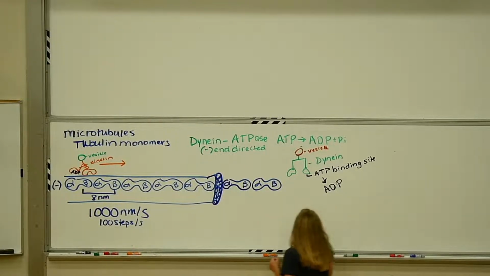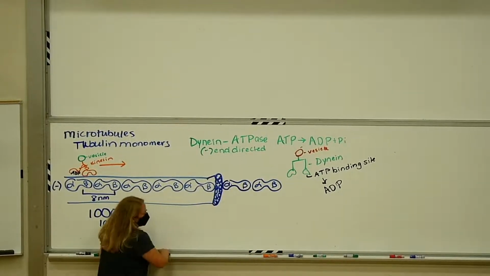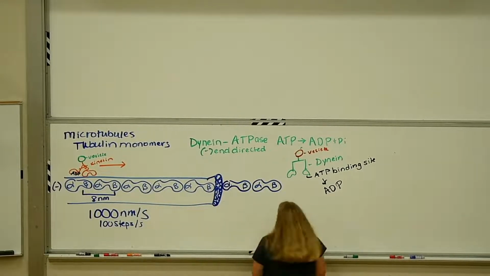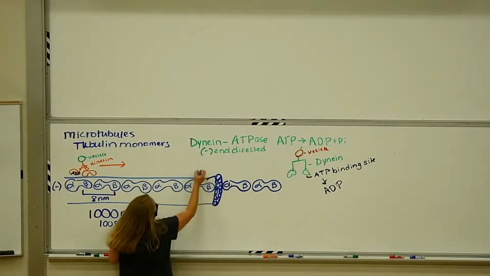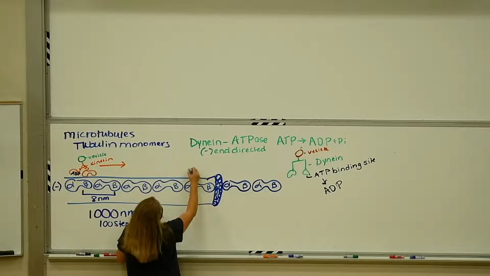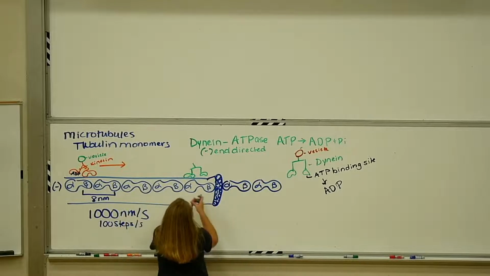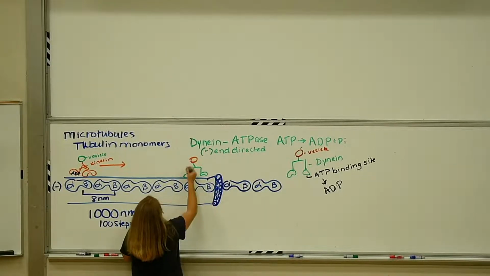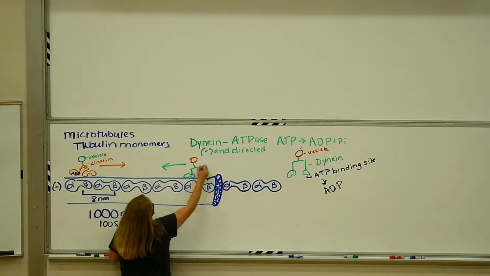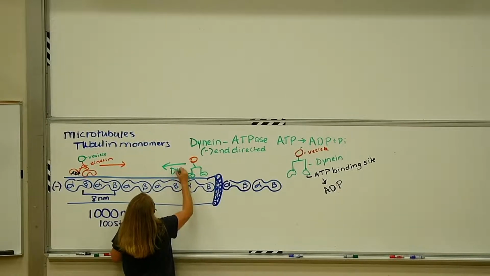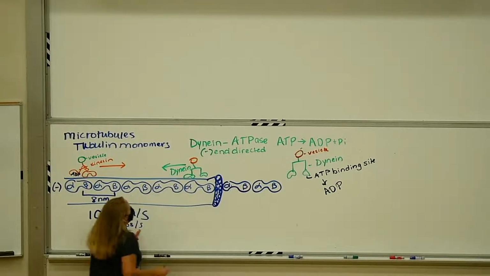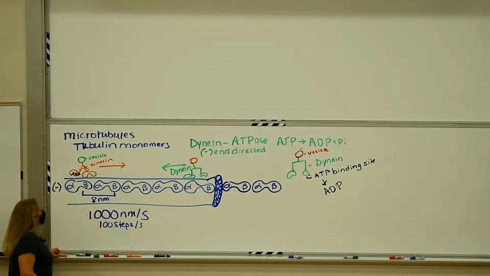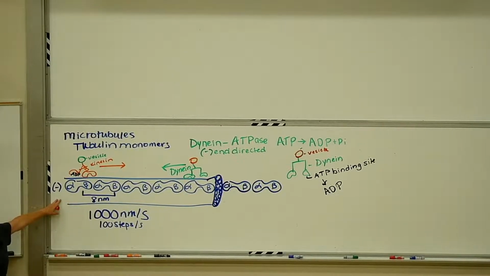Dynein. All right, yes, our little drunken sailor is now going to be moving in the opposite direction. So it moves towards the minus end side.